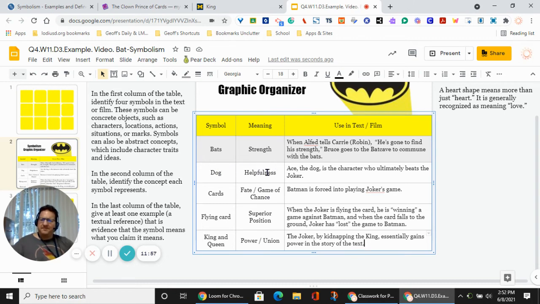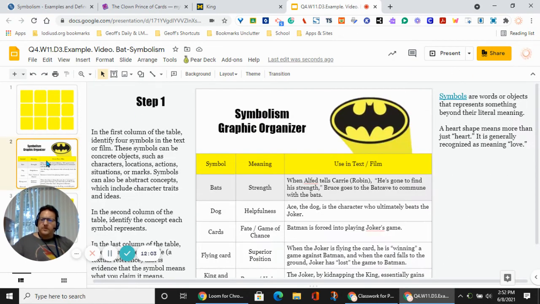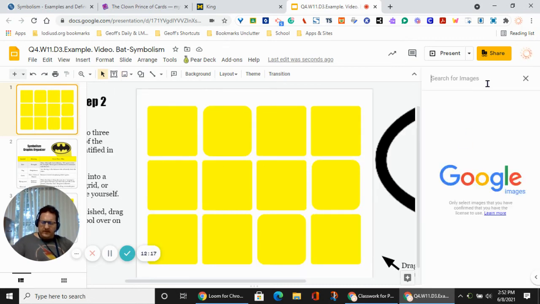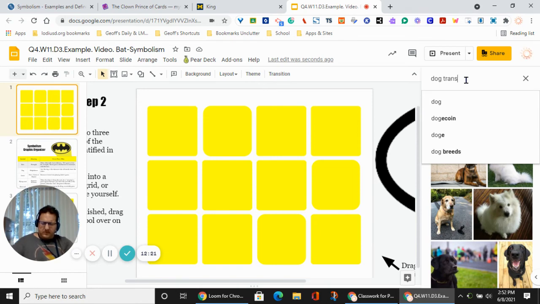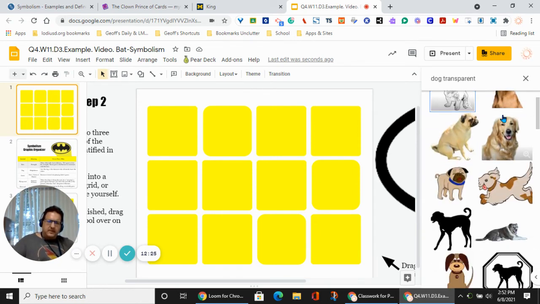Now, the next step is I'm going to go up here and search for symbols, and I'm just going to use the simple Google one here, for images that coordinate with each of the symbols. So I'm going to go here, search the web. One of my symbols was dog, and sometimes I'll just add on transparent to make sure that it gives me something that's going to work.